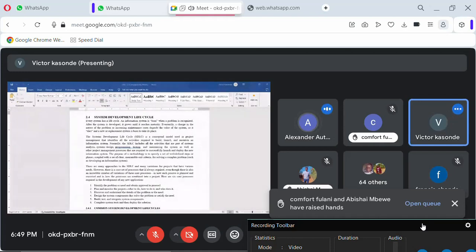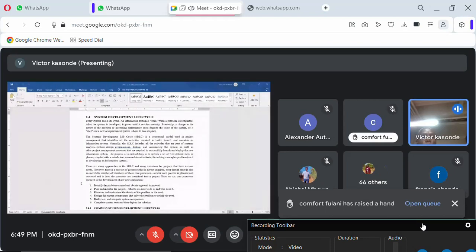Yes, sir. So here, when you are using an information system, when you are using a computerized system, the chances of repetitive tasks, whereby the same task is done again, are eliminated.